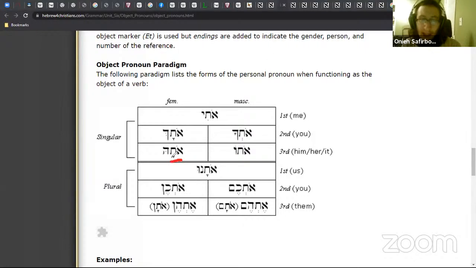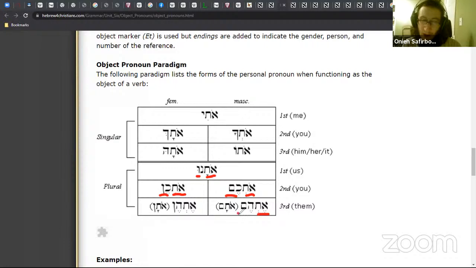Who did you love? At, directed at her. Who would you love? Directed at us. Who would you love? At, directed at all of you men. Who would you love? Directed at all of you women. Who did you love?